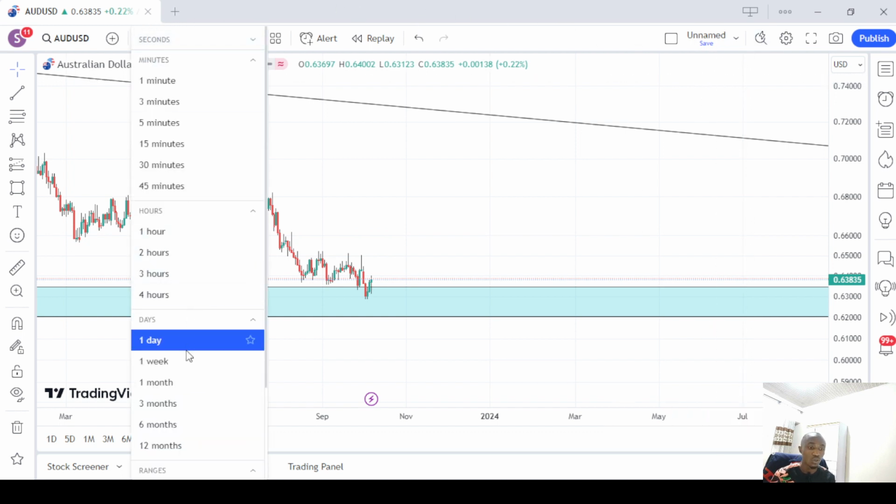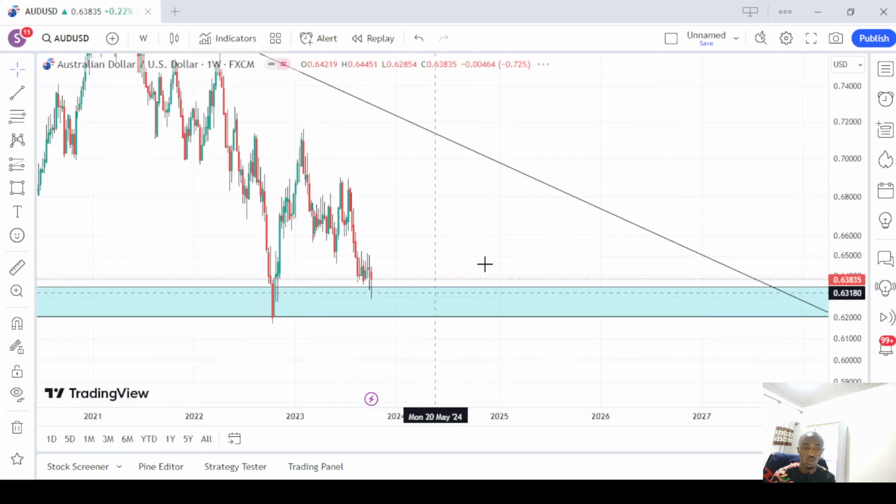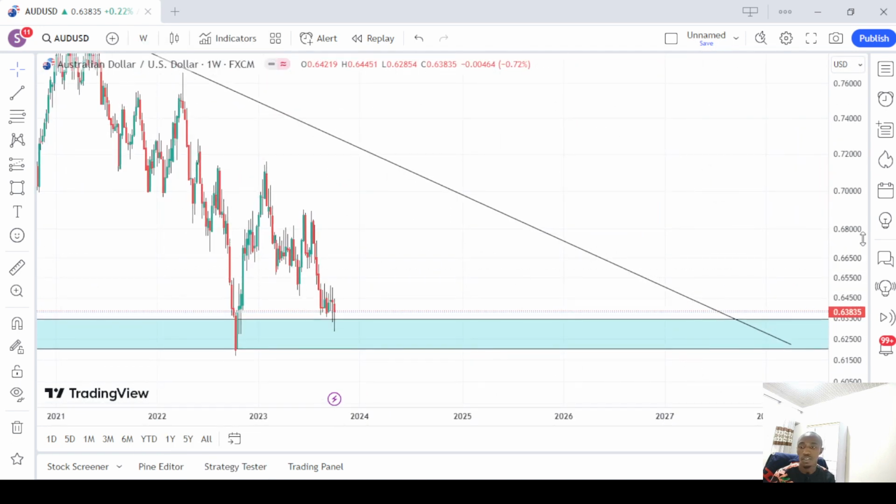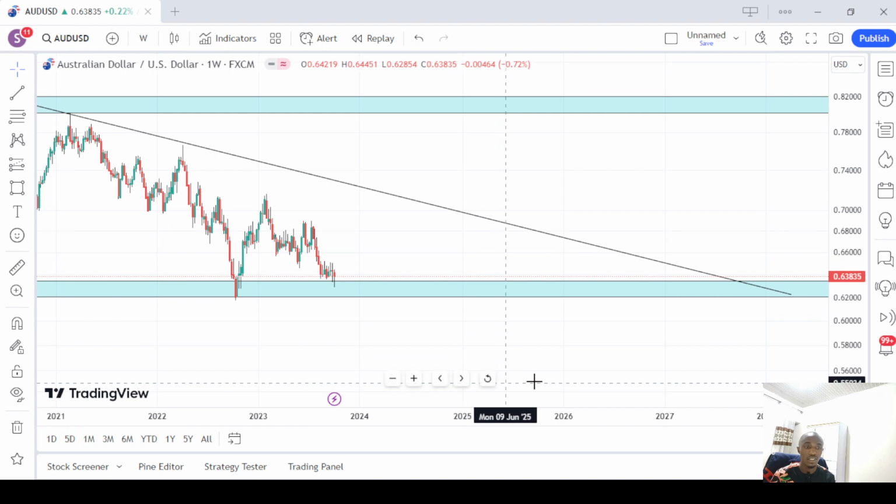So we trade from zone to zone, or zone to a trend line. It's as easy as that.